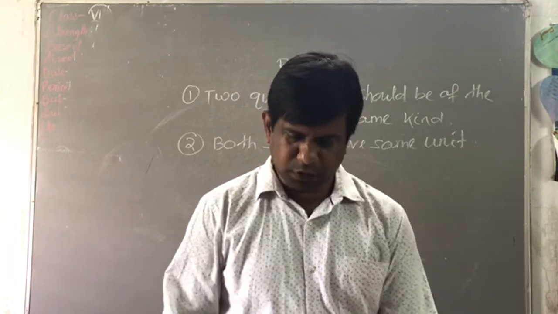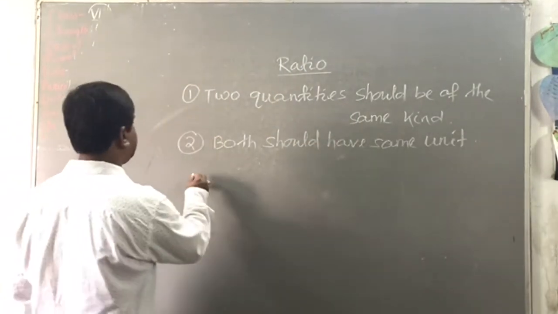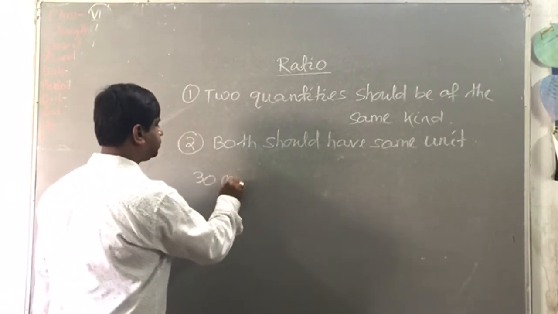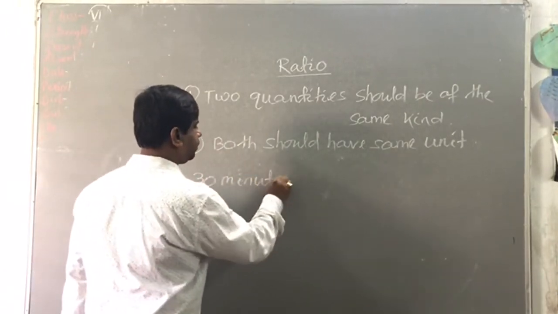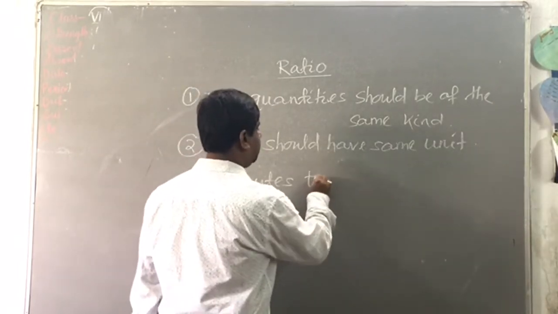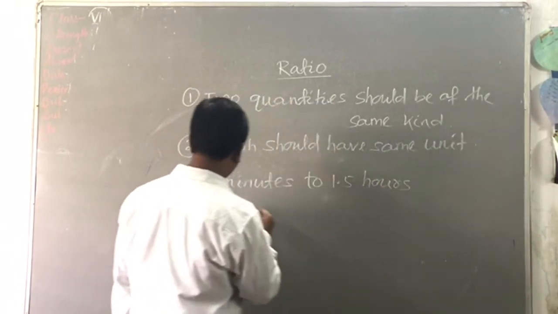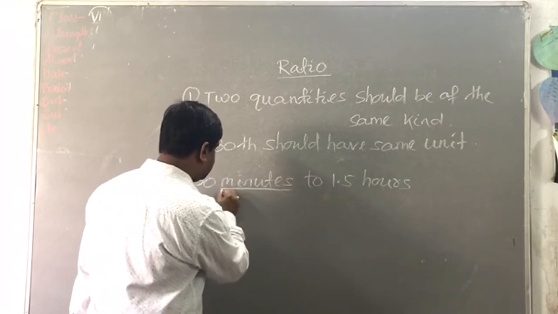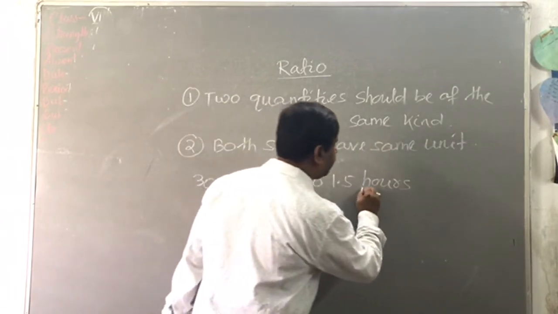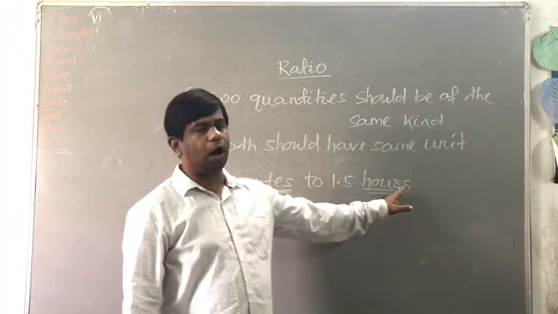Suppose you are asked to find out the ratio of 30 minutes to 1.5 hours. You see, the two quantities are of different units. One is in minutes and another is in hours.